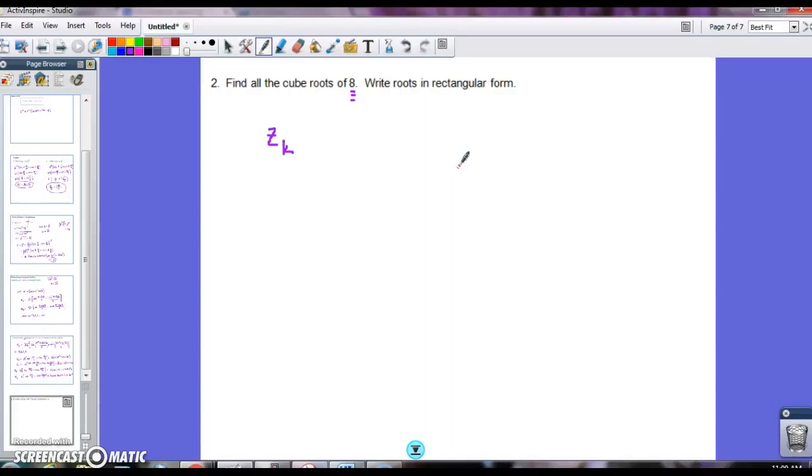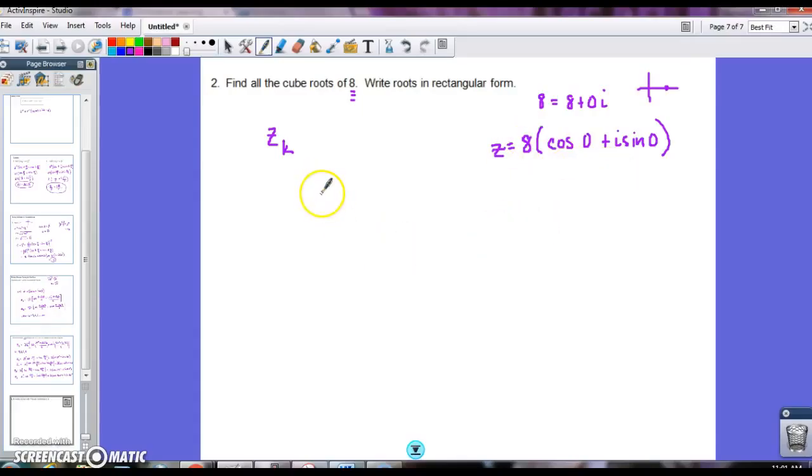So if I write it in polar form, 8 is the same as 8 plus 0i. And if I write that in polar form, that would be 8 times the cosine of 0 plus i sine of 0. Because think about where 8 is. It's right here. So your angle is 0.